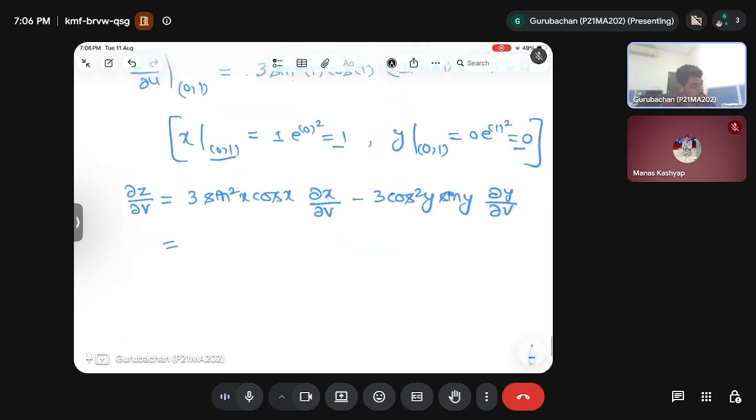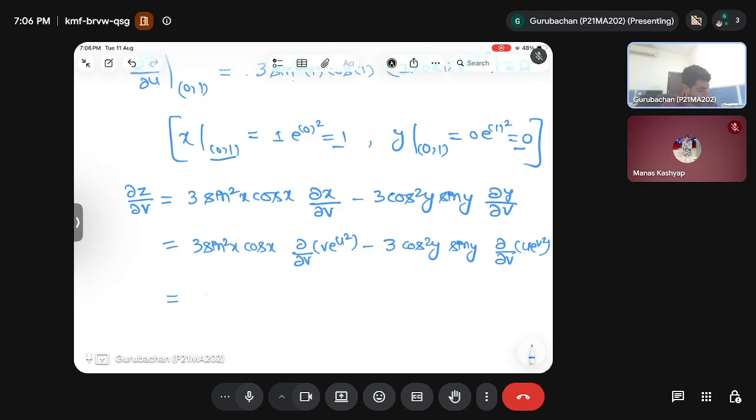So this will give us 3 sine square of x cos of x, del by del v of v e to the power u square, minus 3 times of cos square of y sine of y, del by del v of u e to the power v square.